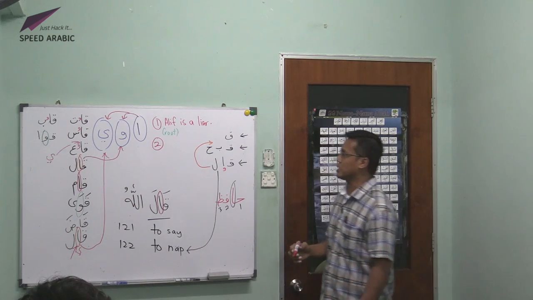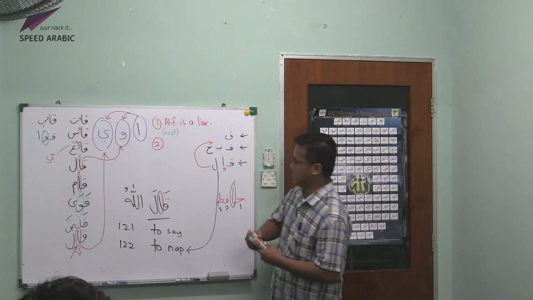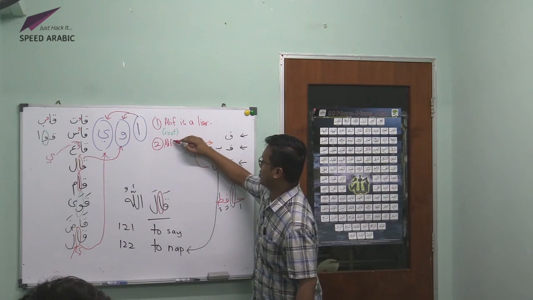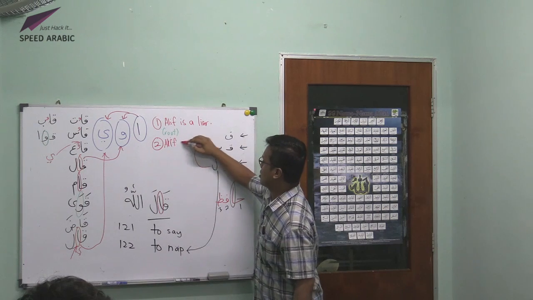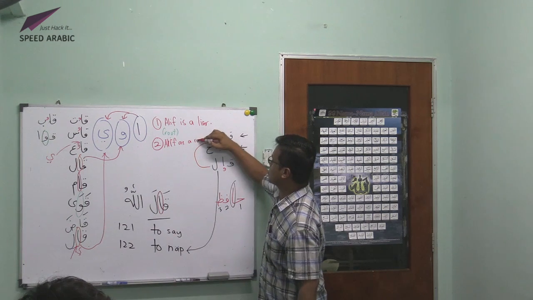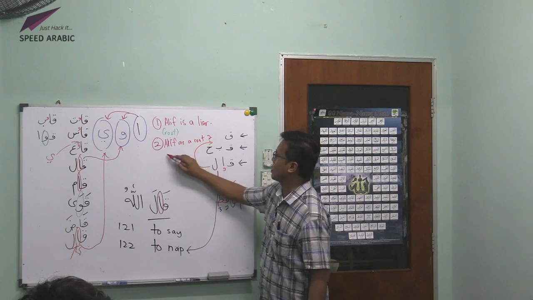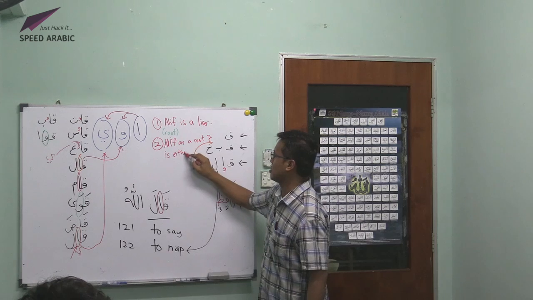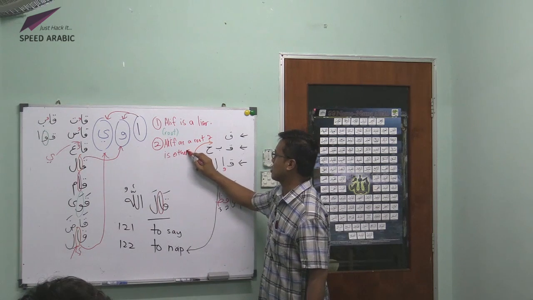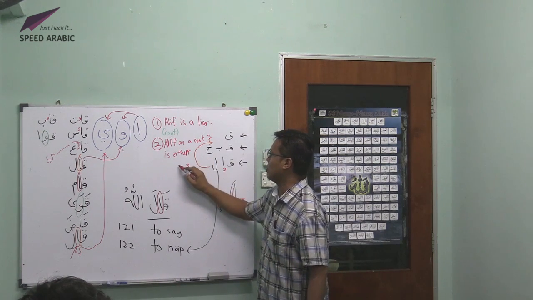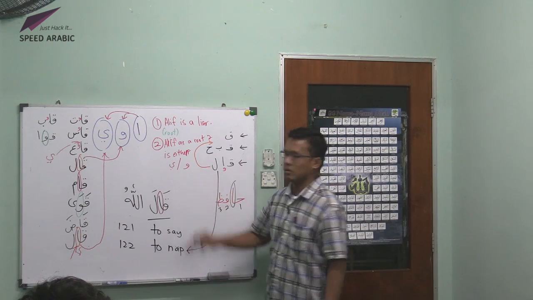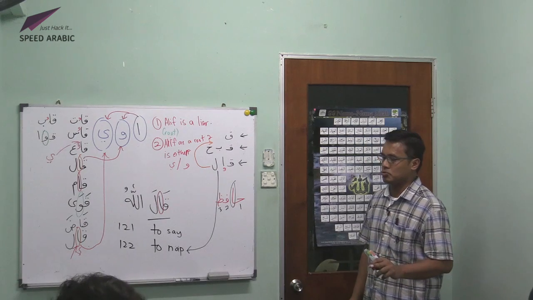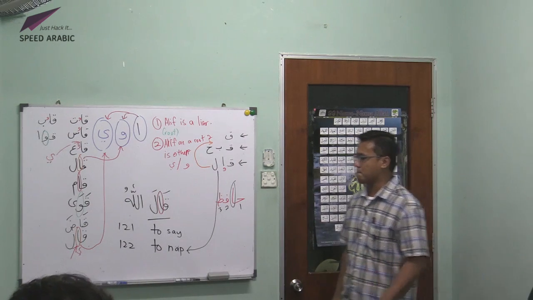Point number 2 is: alif as root 2 is either waw or ya.